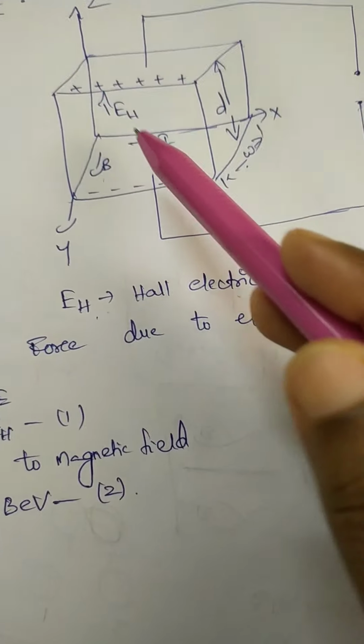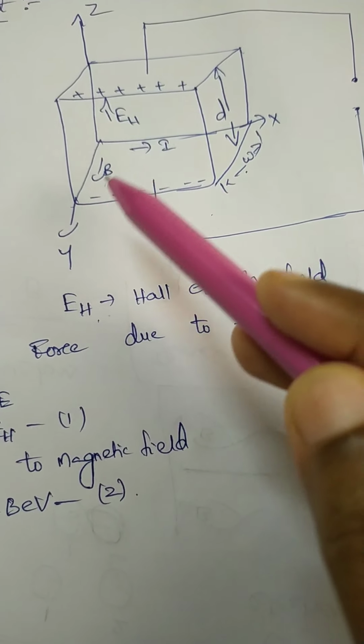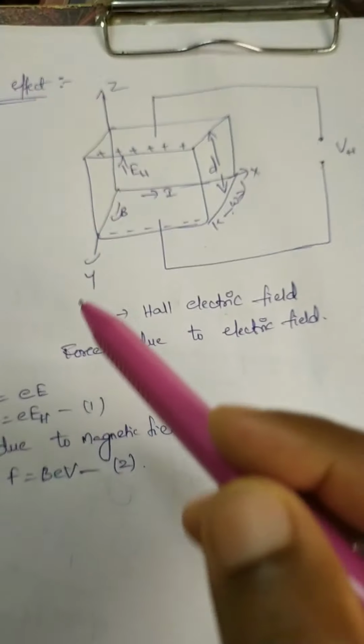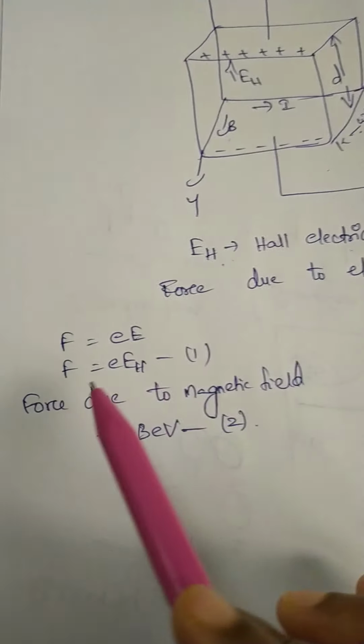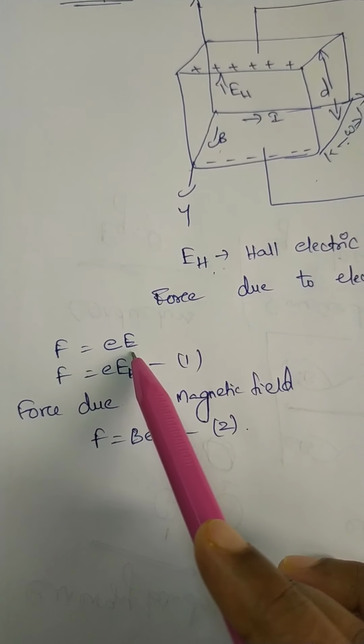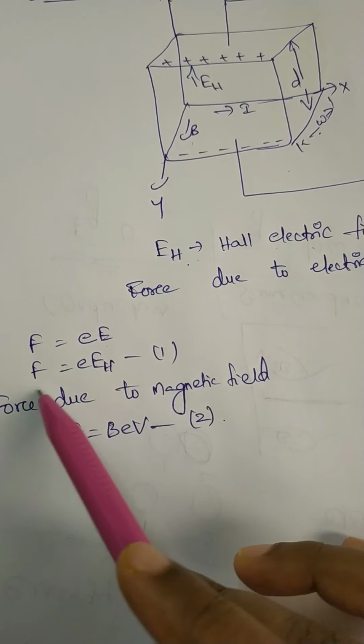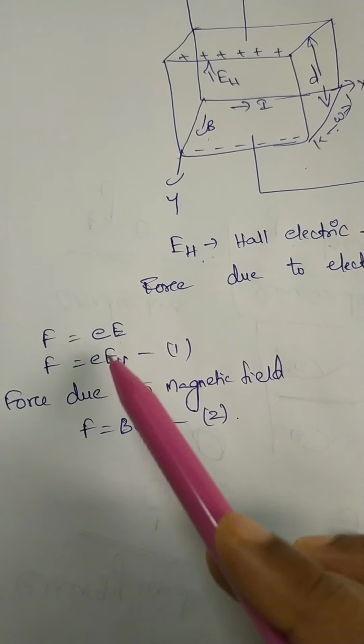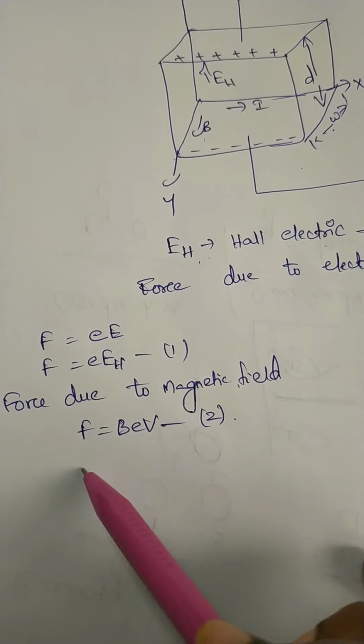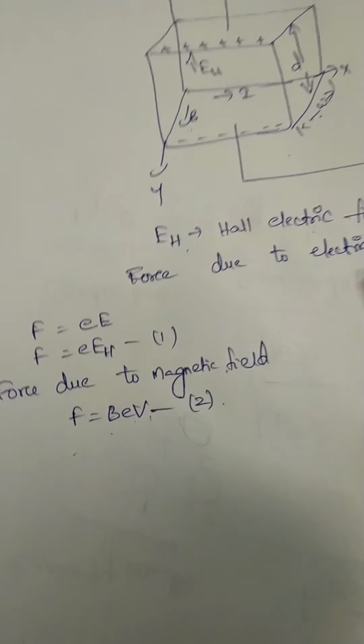Now we are considering both the electric field and the magnetic field. The force due to the electric field is F equals eE. Here E means EH, the Hall electric field. So F equals e into EH, and the force due to the magnetic field is F equals BeV.